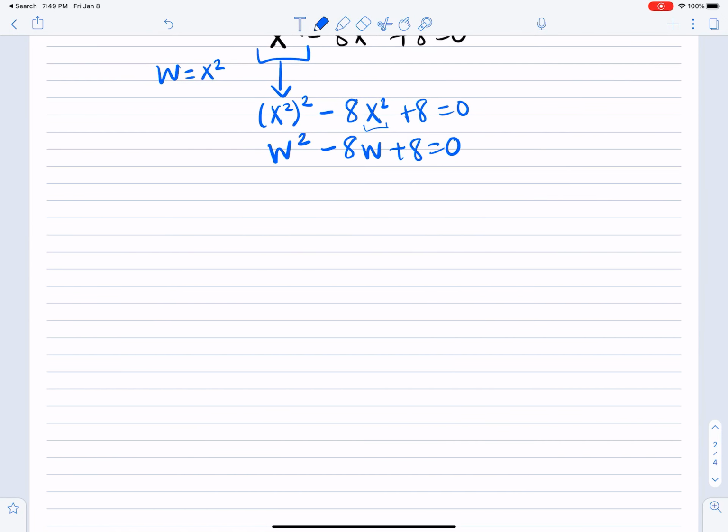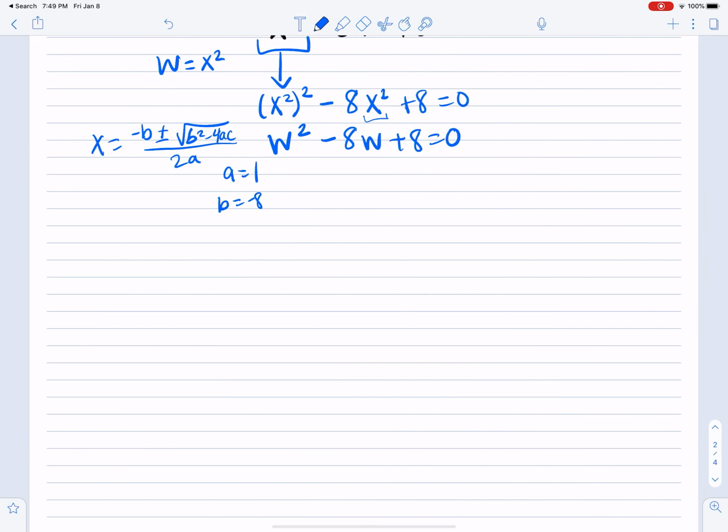I'm going to solve it with the quadratic equation, which we just learned is x equals negative b plus or minus the square root of b squared minus 4ac over 2a. So I'm going to plug in what I have here. My a is going to be this 1 in front of the w squared. My b is negative 8, and my c is 8.